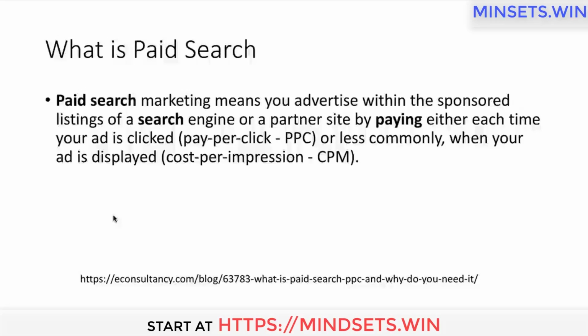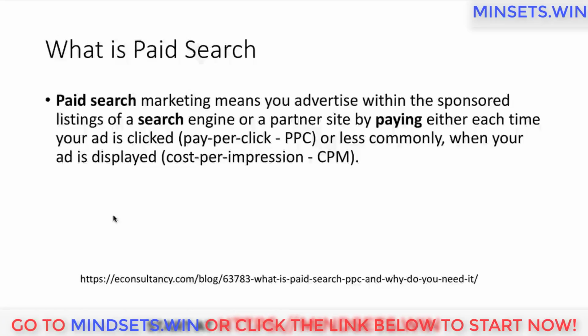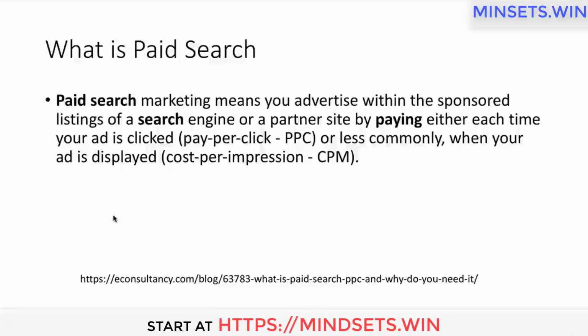Another thing you commonly may hear when we talk about PPC advertising is people talking about paid search. They're very similar, but paid search has one unique attribute that typically pay-per-click does not have, and that's the CPM model, the cost per thousand, which is the cost per impression, with M representing 1,000.